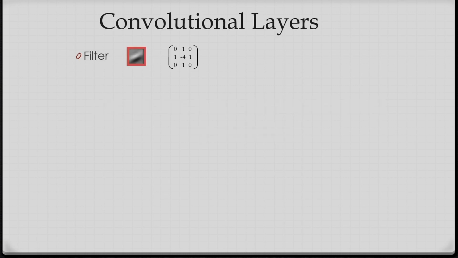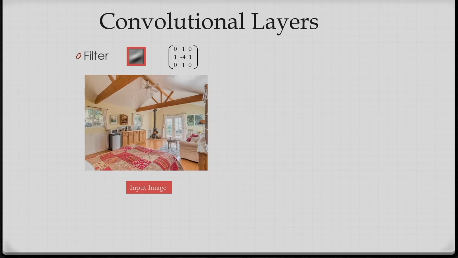For this I am considering one convolution layer. You can see I am considering the input image and one filter, the convolution filter, and here it is the Laplacian filter. Corresponding to this input image, I can determine the convolution between the input image and the filter.